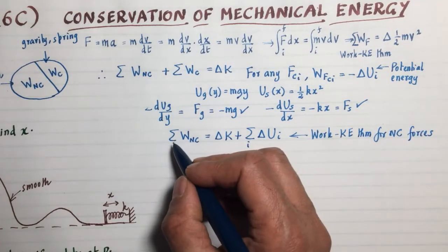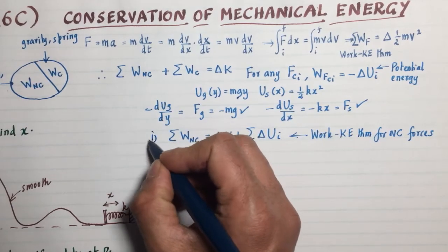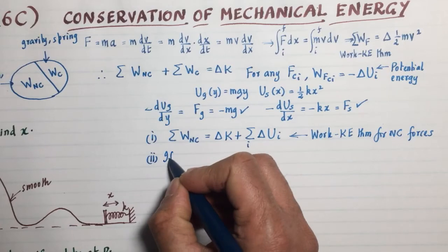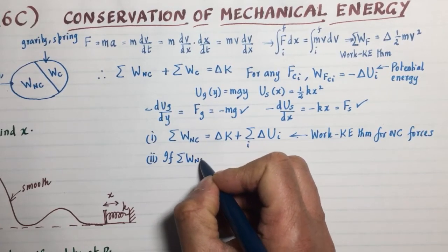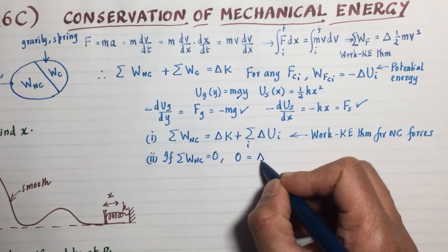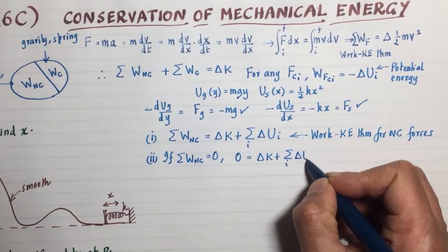Okay, what if the non-conservative forces are completely zero? Then we have a second statement. If W_NC is completely zero, which means there's no friction, none of the bad guys exist, then we're going to have 0 equals the change in kinetic plus the sum over all i of the changes in potential energies.